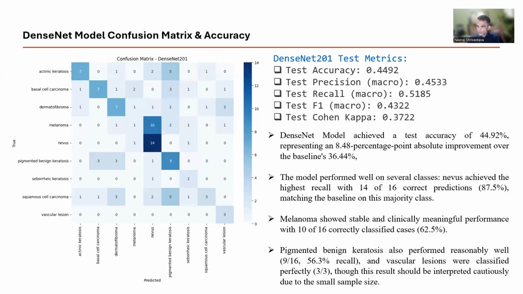Melanoma also showed stable and clinically meaningful performance with 10 out of 16 correctly classified cases, right? But still not clinically, I would say, valid, because you cannot afford to have only 62.5% correct classifications, right? It must be at least above 80%.